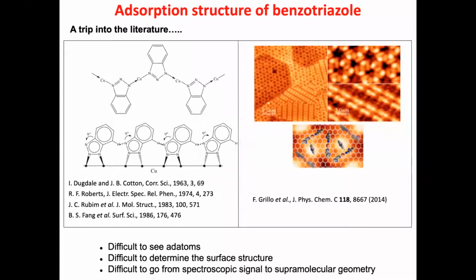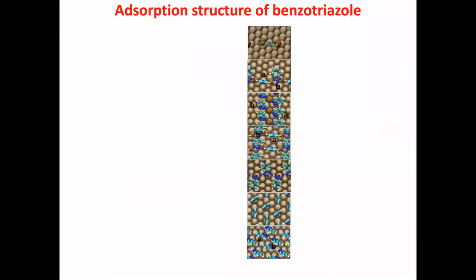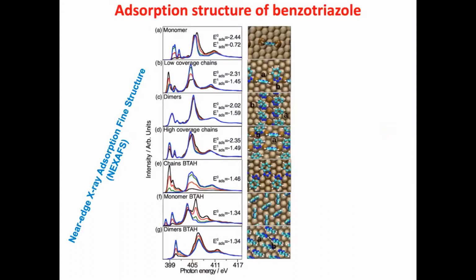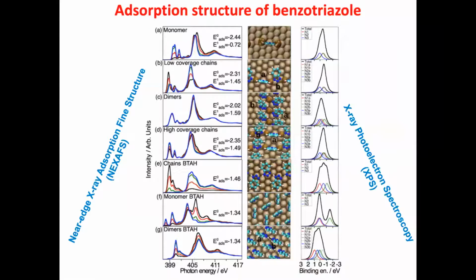interpret the experimental data. So if we take our 7 candidate structures and calculate using ab initio methods the NEXAFS and the XPS theoretical spectra, we find this. Now, if you don't know what exactly NEXAFS and XPS experiments are, it's not so important.